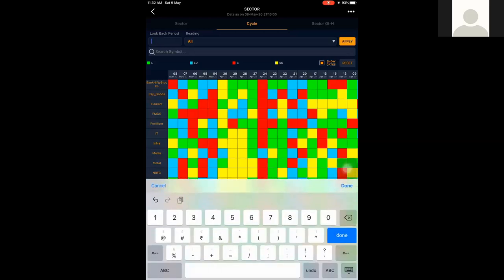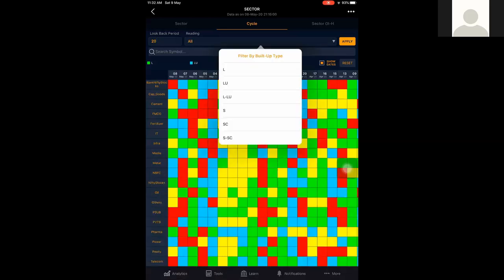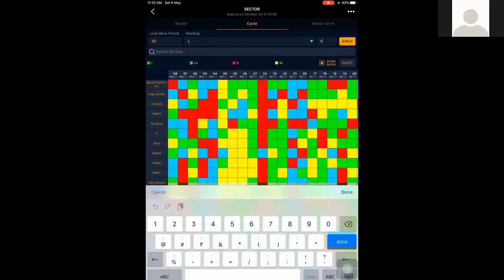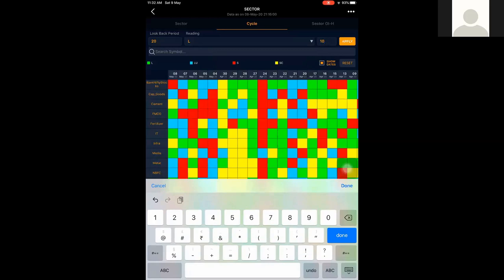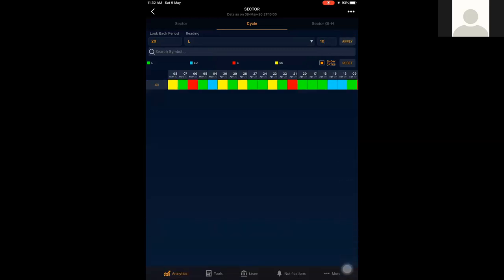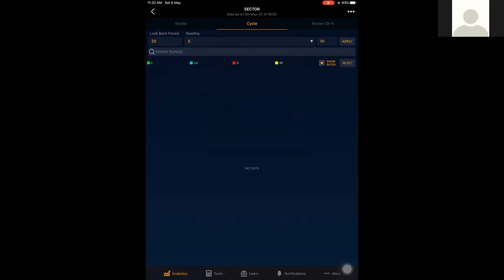If I take 20 periods and show the sectors which are on the long side for 10, apply. Oil is the only sector where in the last 20 periods, 10 times it is on the long side. Show it on the short side, apply. Nothing is there.